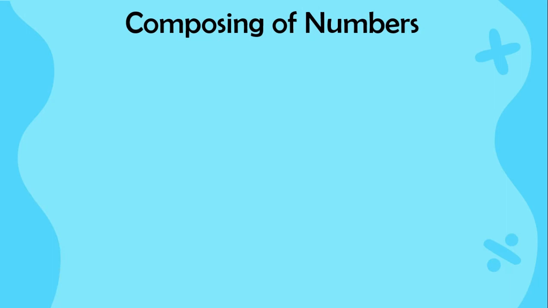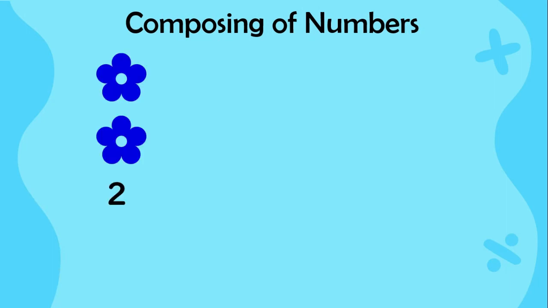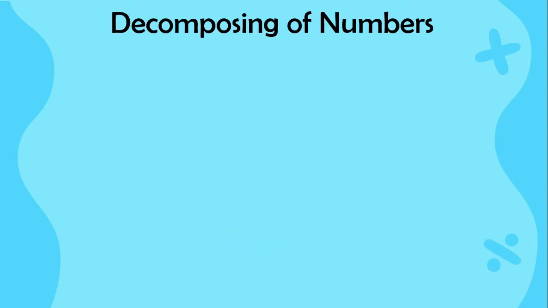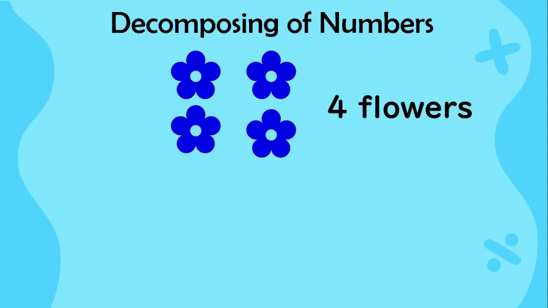Okay? And last example, for composing of numbers, we have first set 2 flowers, second set we also have 2 flowers. So if we're going to combine these 2 sets of 2 flowers here, we will have a total of 4 flowers in all, which means we combine the numbers of flowers in each set. So for decomposing of numbers, we have 4 flowers here.